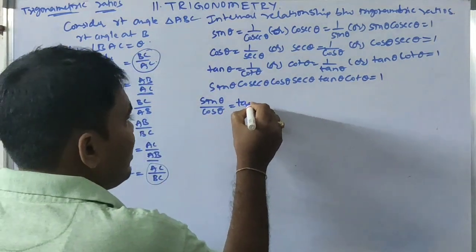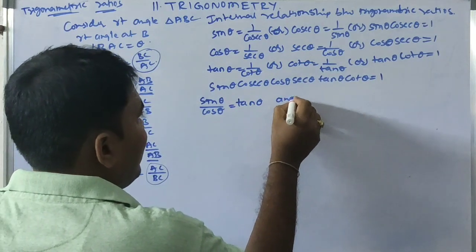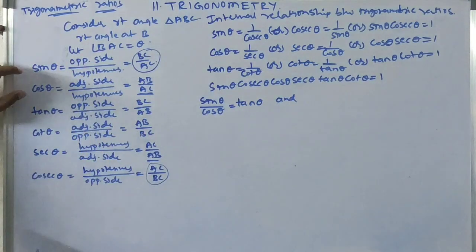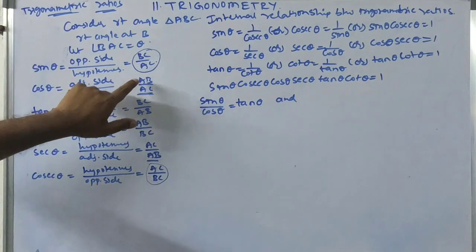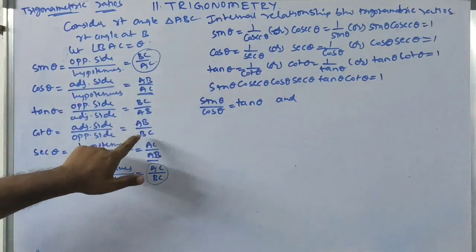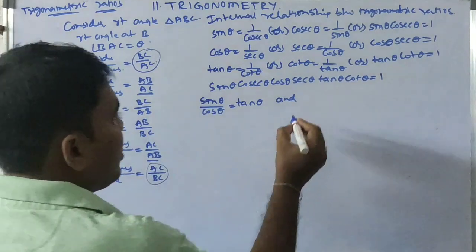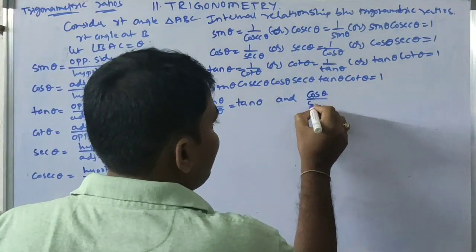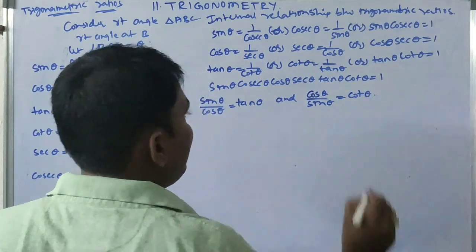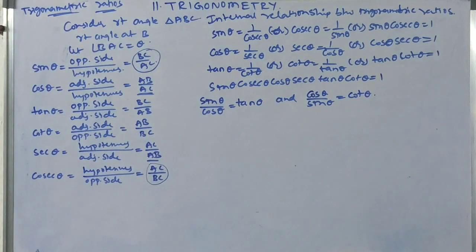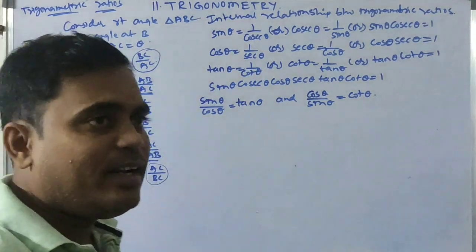Sin theta by cos theta equals tan theta. Instead, if I take cos theta by sin theta, AC cancels, AB by BC equals cot theta. So cos theta by sin theta equals cot theta. These are also some of the internal relationships.